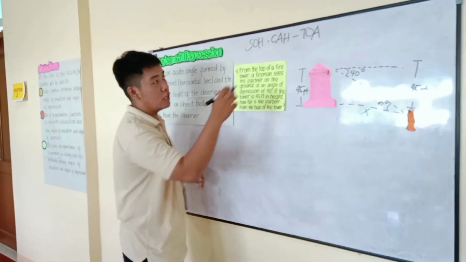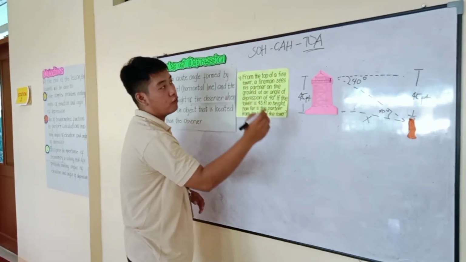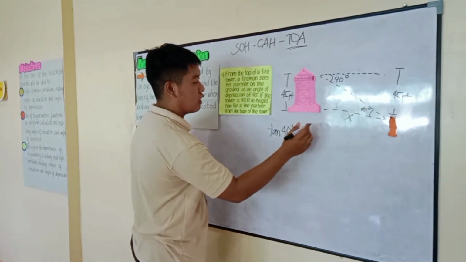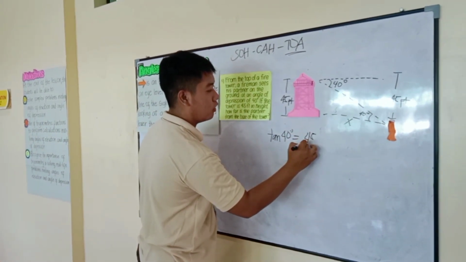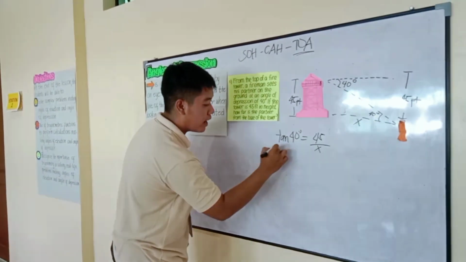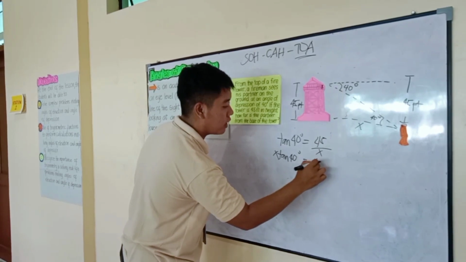So, we're going to use the tangent, opposite over adjacent. So, tangent 40 degrees is equal to 45 feet all over x. Cross multiplication, x tangent 40 degrees is equal to 45.